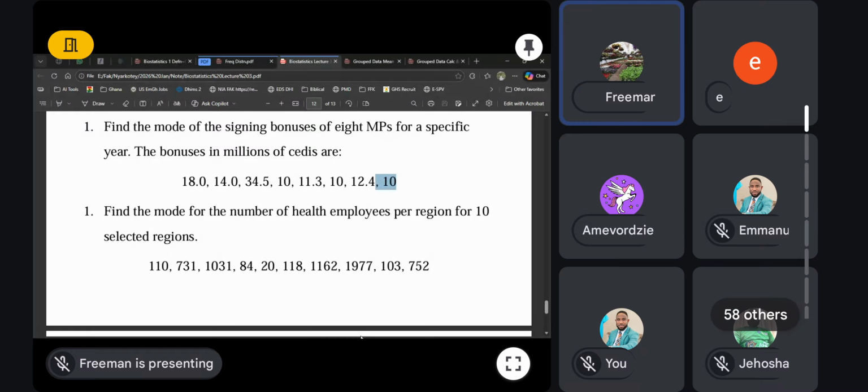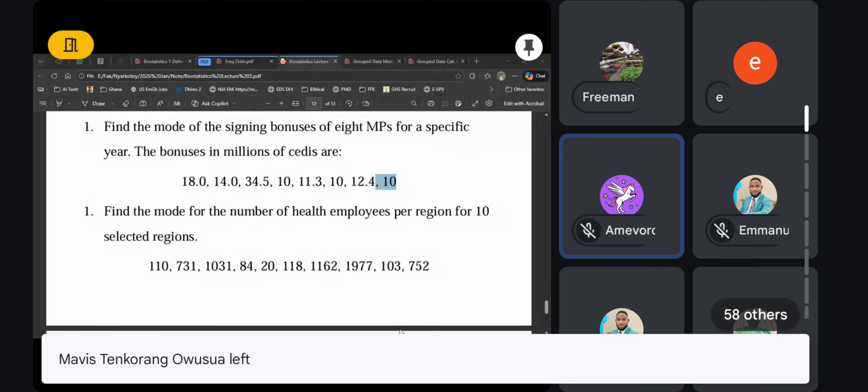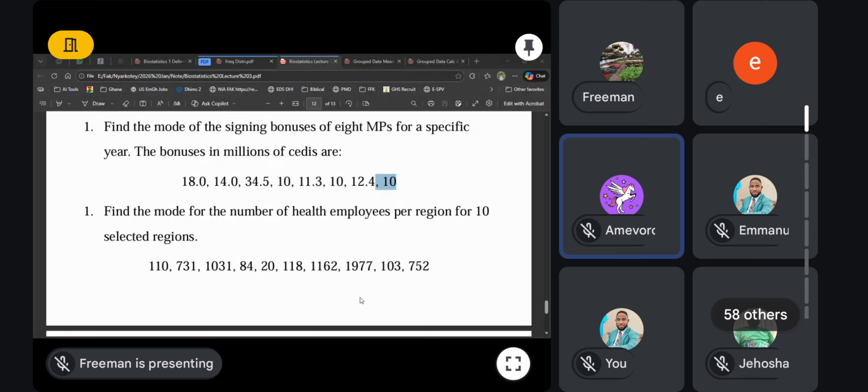So the host should mute the person, please. Let's be tracking these people. Good. I think I've managed to mute everybody now. Thank you very much.